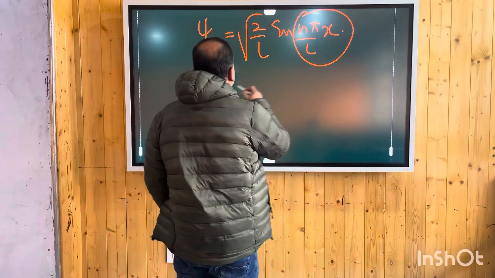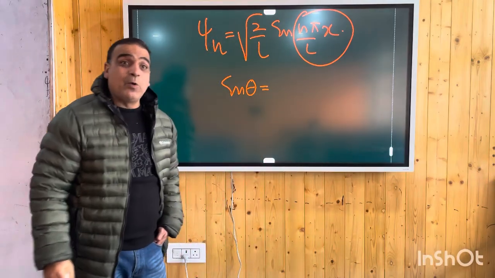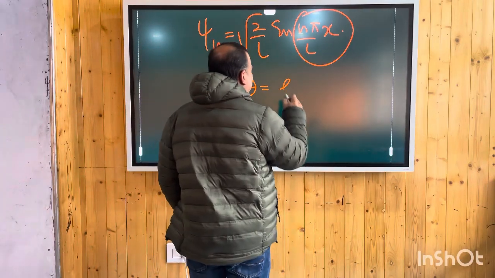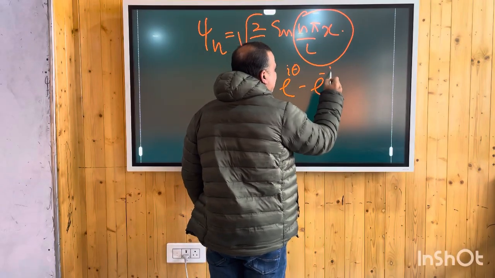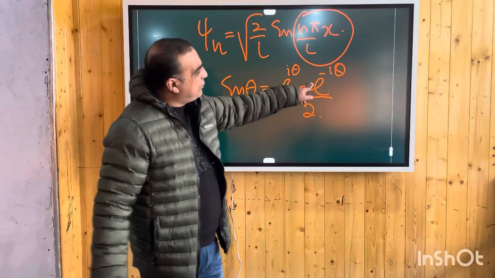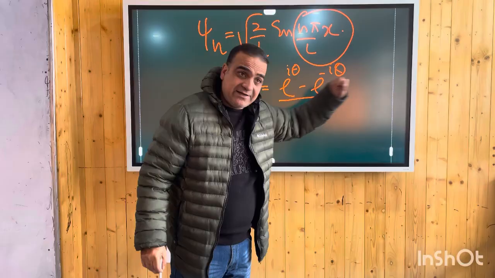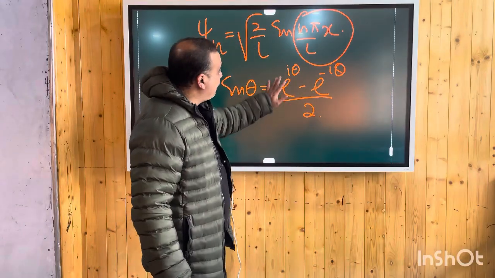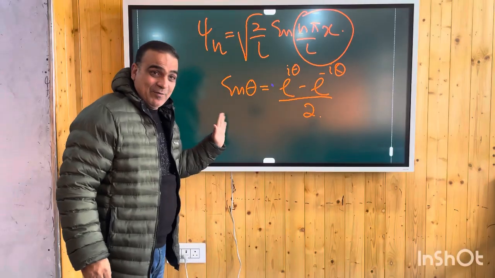So if this is sine of theta, I think we can write sine theta in terms of exponentials. So can I write it as e to the power of i theta minus e to the power of minus i theta by 2? Now what does e to the power of minus i theta mean? It means propagation in the right direction, and e to the power of i theta means propagation in the left direction. Are you getting my point?